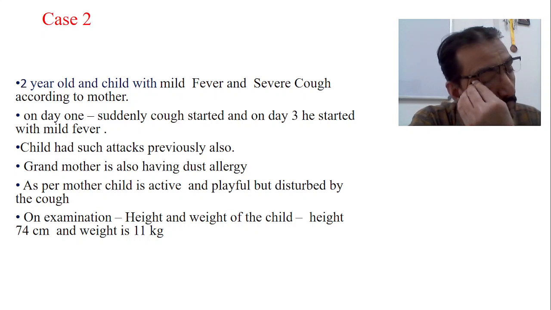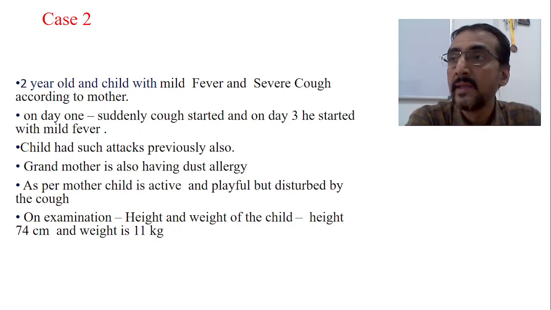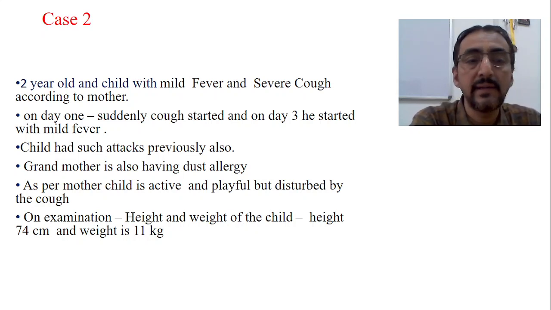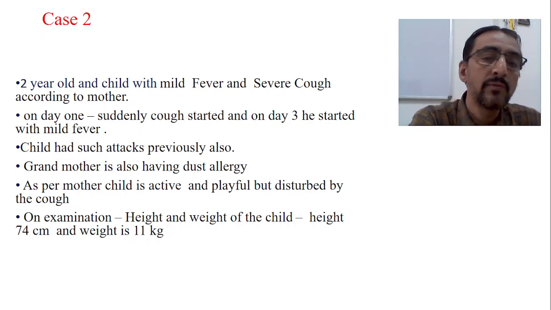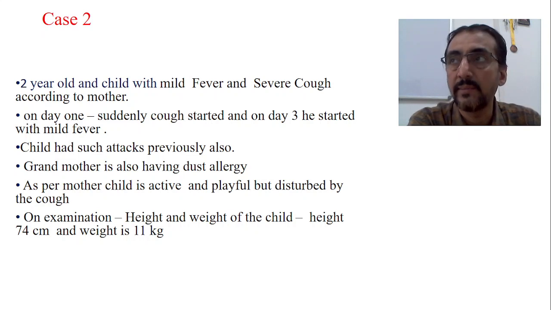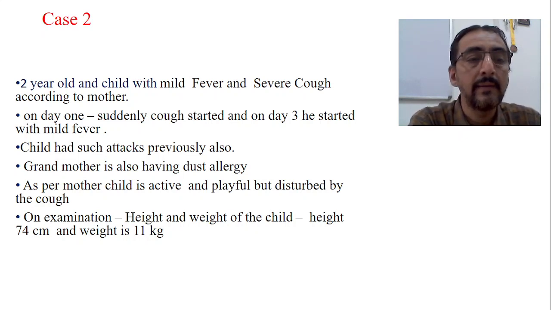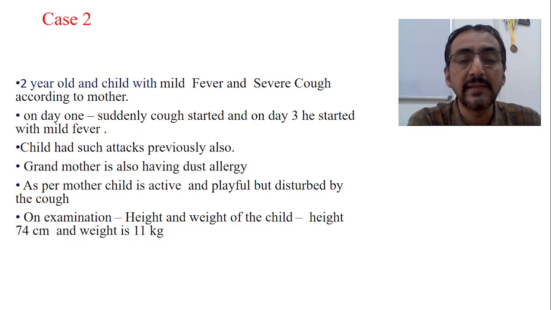And now you do the examination. When you see the examination, the height and weight of the child are seen. The height of the child is 74 centimeter and weight is 11 kg. Now this is a 2-year-old child. For 2 years, height is okay. 75 centimeter is expected at the end of the first year, and weight is 11 kg.